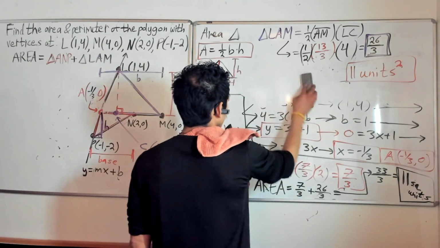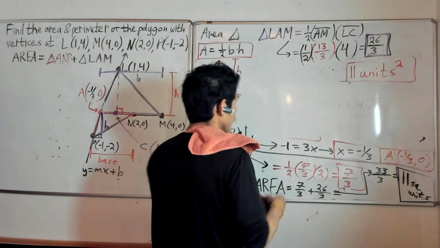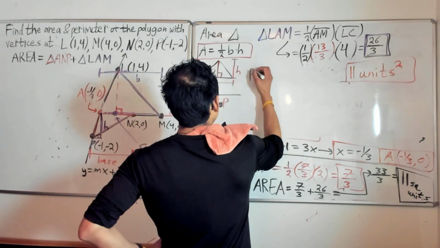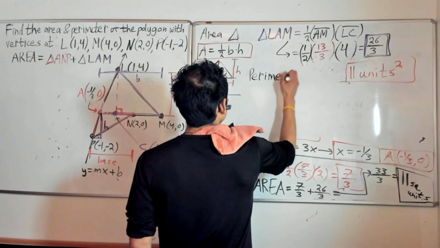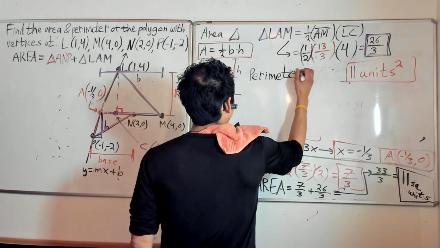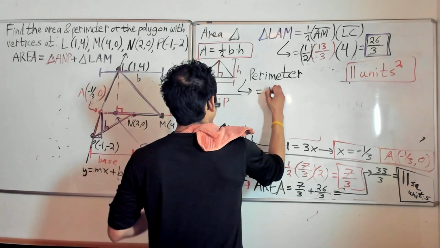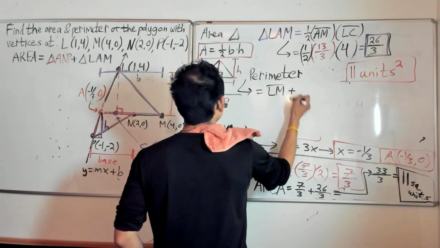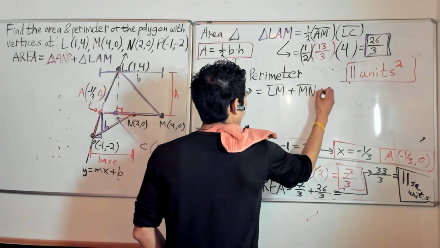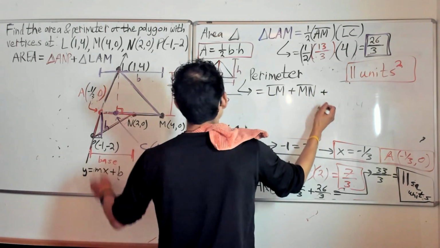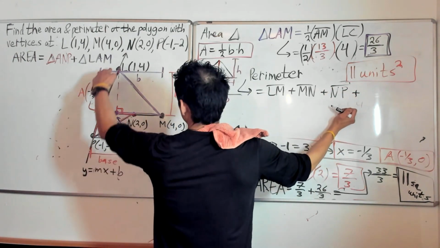Okay, here we go. The perimeter. This is an extra fun and long problem, so enjoy it, but the perimeter is much faster. The perimeter would just be equal to LM plus MN plus NP plus PL.